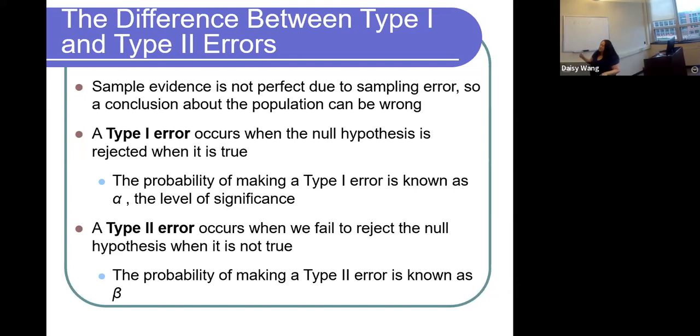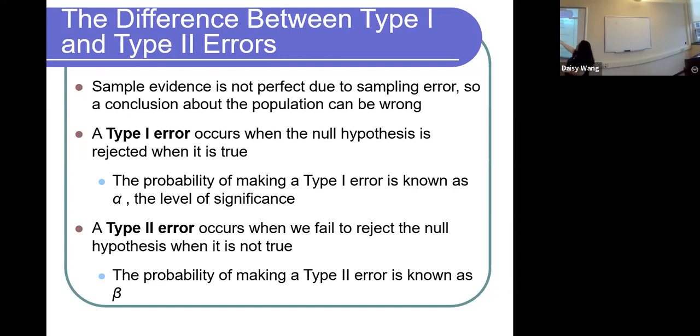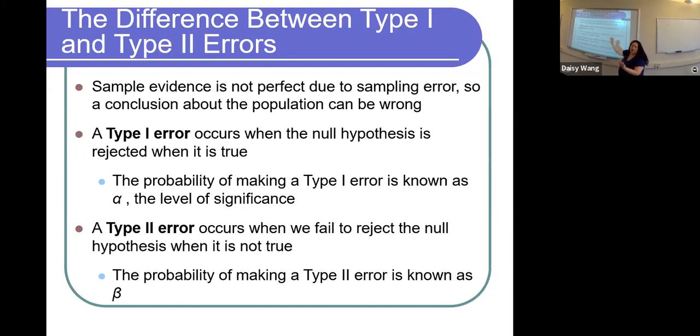So sometimes some data might be out of the range, but actually maybe there's an outlier or something. There's a 5% chance that it's actually within the range, but our test shows we have a 5% chance we make a type 1 error. And then type 2 error is we fail to reject the null hypothesis, but it is not true.